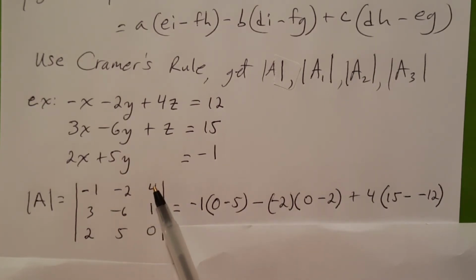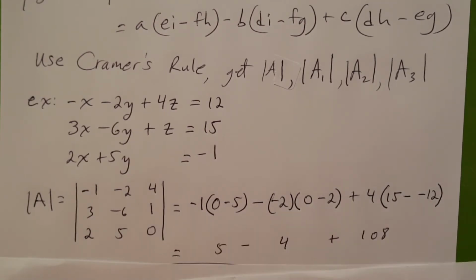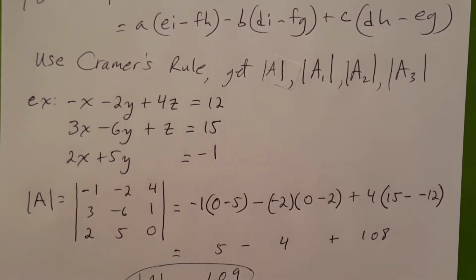Then it's 4 times 15 minus negative 12. Okay? You do the math, and you get 5 here, 4 here, 108 here. And remember, it's positive minus positive. Okay? So you do the math, keep going, and you get the determinant of A is 109.